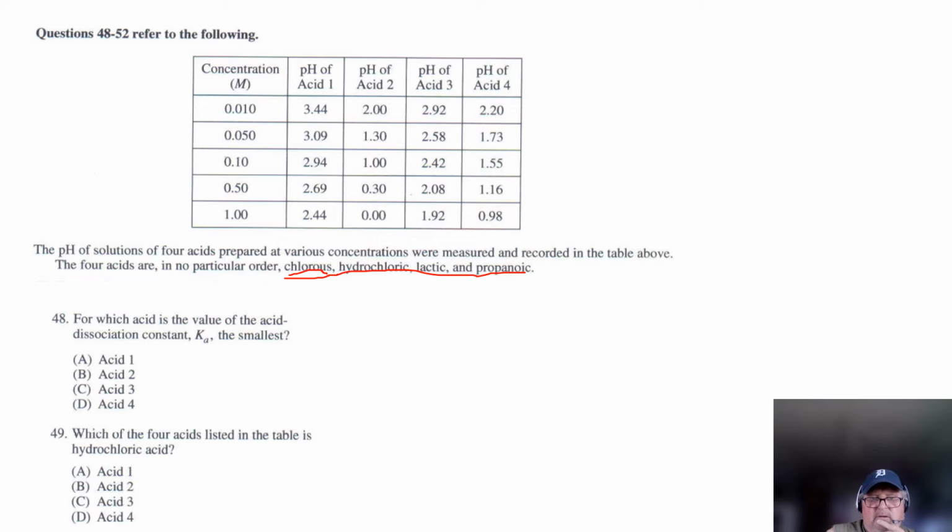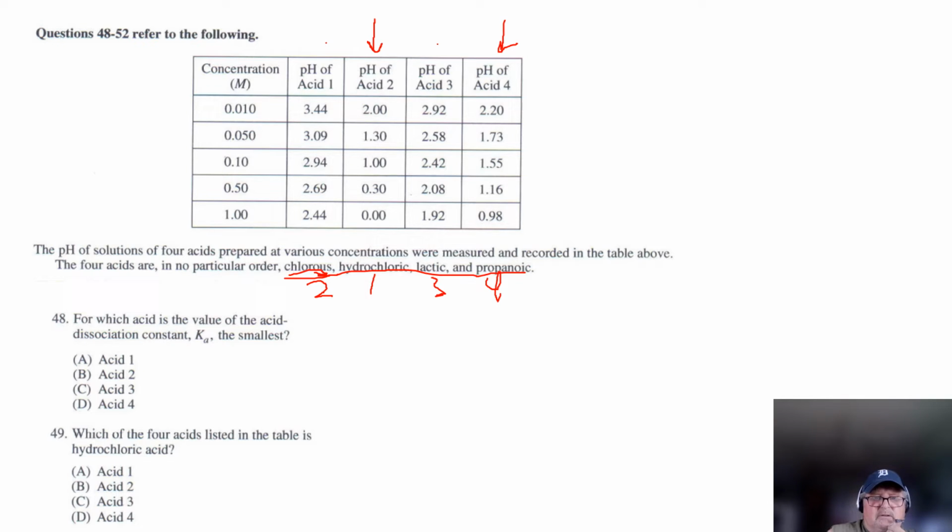One way you can tell is that ous acids are weaker than ic acids. So I would say this is my strong acid, this might be my second, and these guys are my third and fourth. Right off, if I look at the table, I can guess that this is probably my HCl, this is probably my chlorous acid, and one of these is going to be my propionic and the other lactic acid.